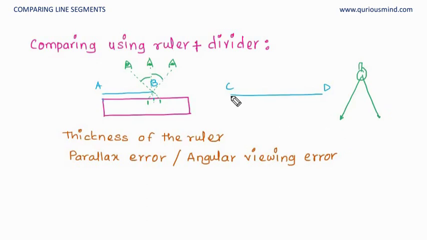We can measure the length of a line segment using the divider, take the divider and put one end of the divider on the starting point of the other line segment, and then compare. Wherever the second end of the divider comes, we can compare. If it is outside, it means line segment 1 is greater. If it is inside, it means line segment 1 is smaller. So using a ruler and divider seems to be the best method of comparing line segments.